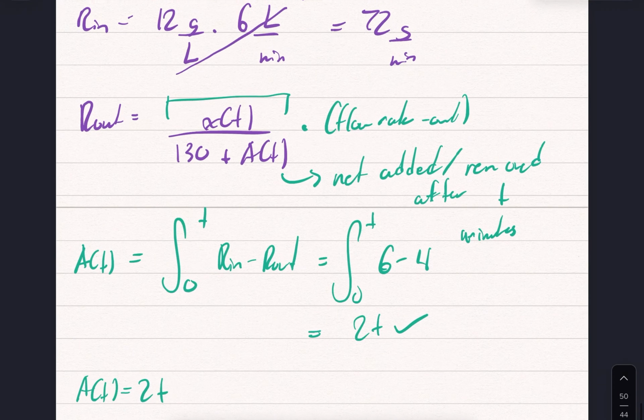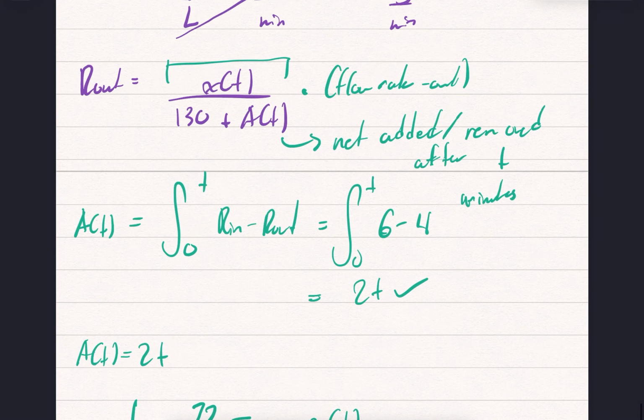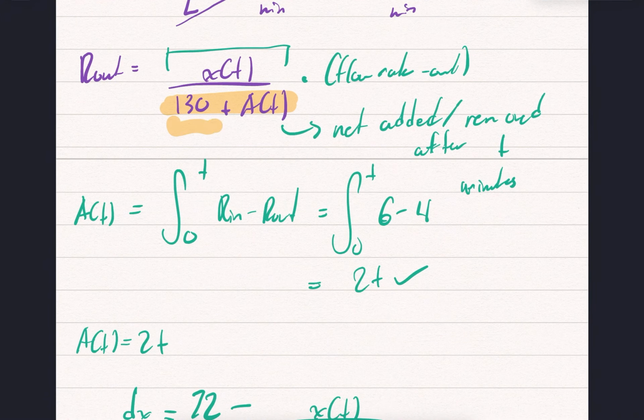Okay. So that's this right here. After t minutes, we have the total amount of water that was in the tank plus or minus what's being added or removed. Okay? That's this right here.